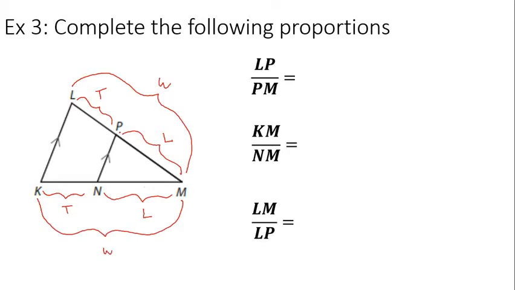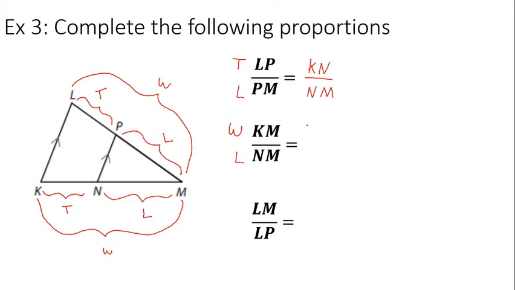So LP here is top, PM is lower. So top on the other side is KN over NM. Okay, on this one, KM is the whole, NM is lower. So whole over lower.